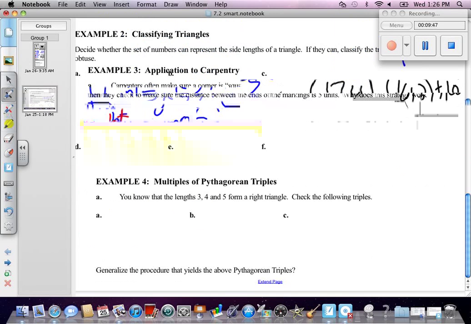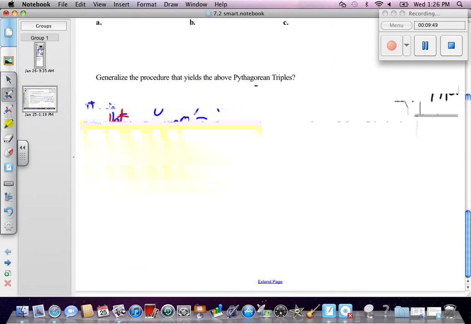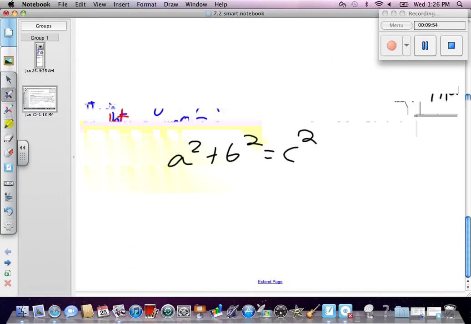We're good there. Okay. So if you end up with a squared plus b squared equals c squared, right? And you've got, let's say, 16 plus 25, and you've got 100. So we've got 41 and we've got 100.